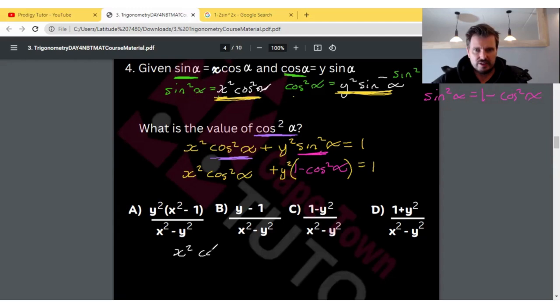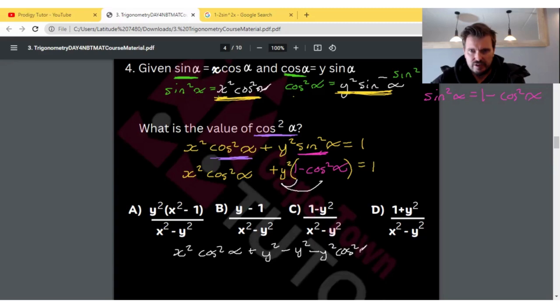So x squared cos squared alpha plus y squared minus y squared, when we times this in, right? So what I'm doing is I'm timesing that and then timesing that, minus y squared cos squared alpha equals 1. Okay, I need to isolate, well, I've isolated in purple. Yeah, this purple, I want this, right? So I want that.